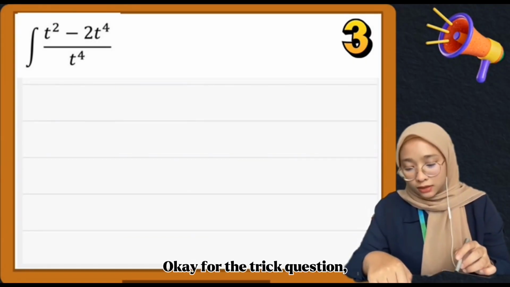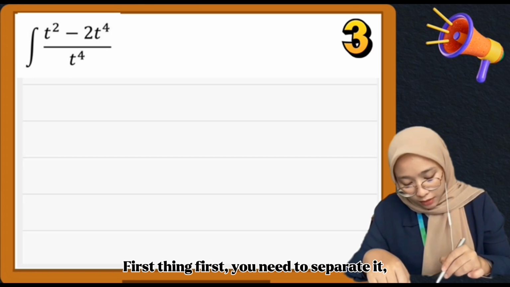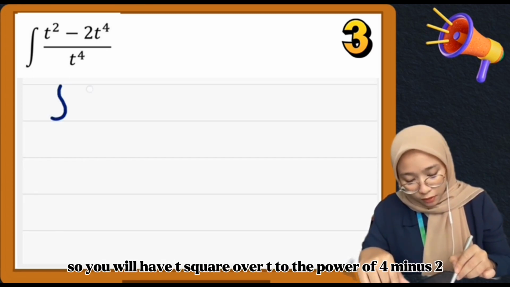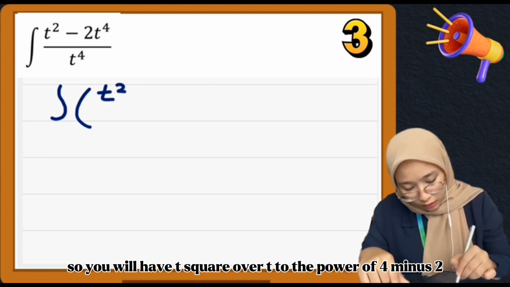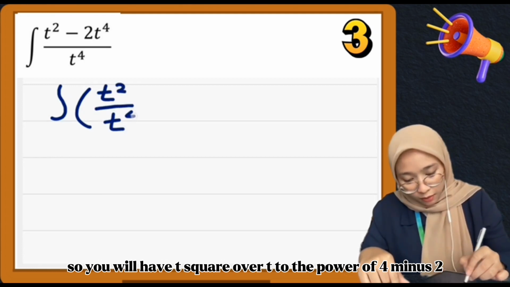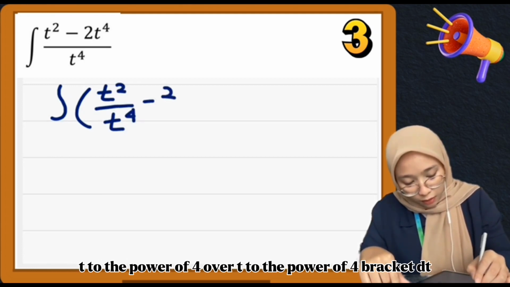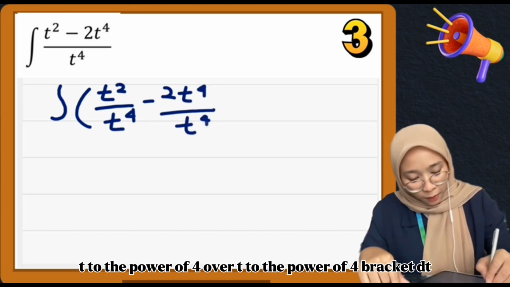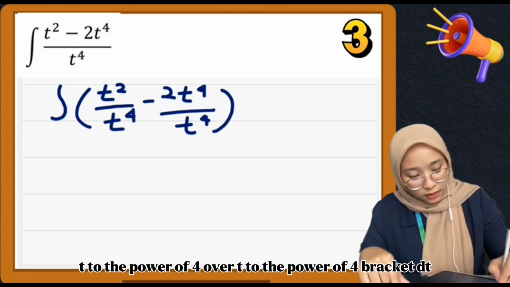Okay, for the third question, the first thing first, we need to separate it. So we will have t squared over t to the power of 4 minus 2t to the power of 4 over t to the power of 4 bracket dt.